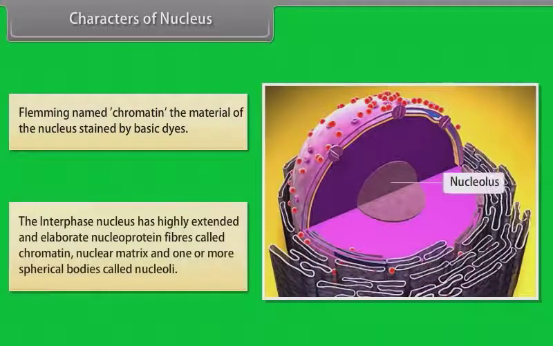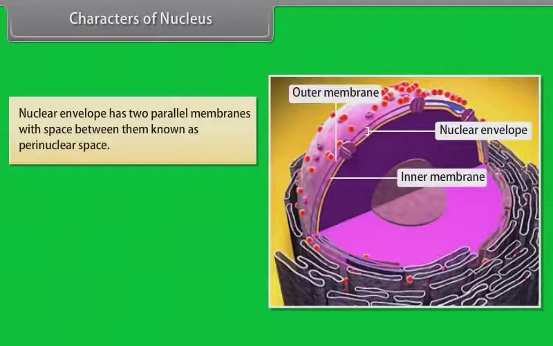The interphase nucleus has highly extended and elaborate nucleoprotein fiber called chromatin, nuclear matrix, and one or more spherical bodies called nucleoli. Nuclear envelope has 2 parallel membranes with space between them known as perinuclear space.